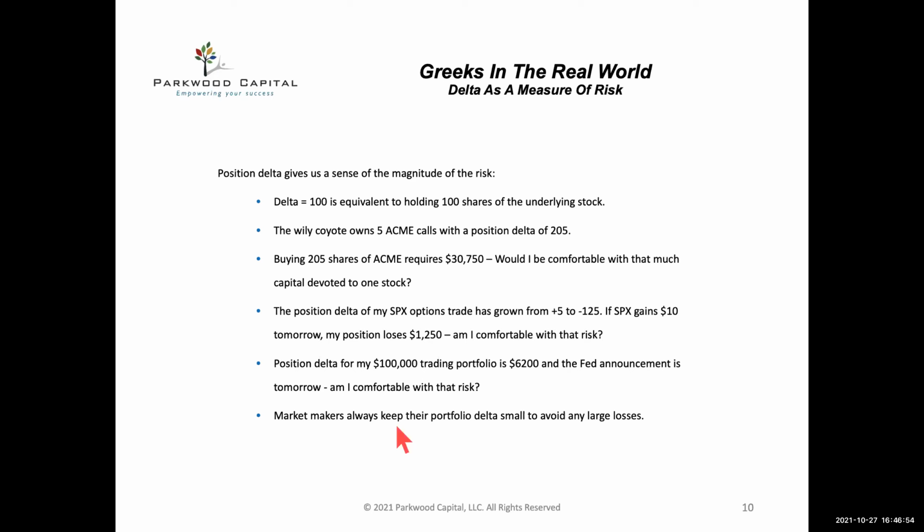Now, it may not be real close to zero. It depends on how much risk they're willing to take. But the point is they're watching that carefully because what they're trying to do is make money on selling an option at this price and buying it at this price. It's just that simple. So they're making small amounts of money, roughly the spread. So they can't afford to have a big loss based on the movement of the price of the stock. You can do the same thing by watching the delta of your portfolio.